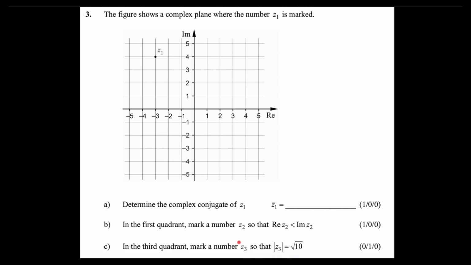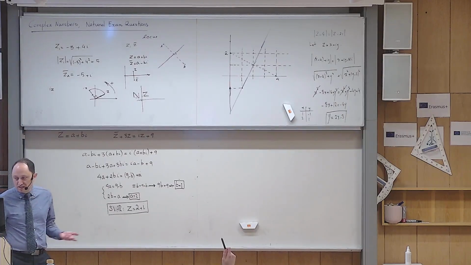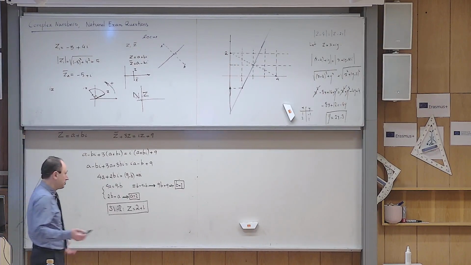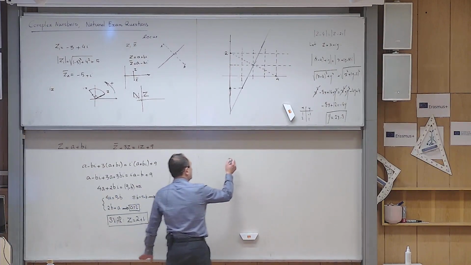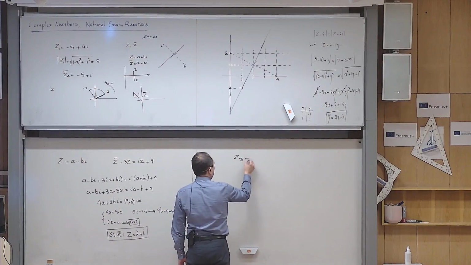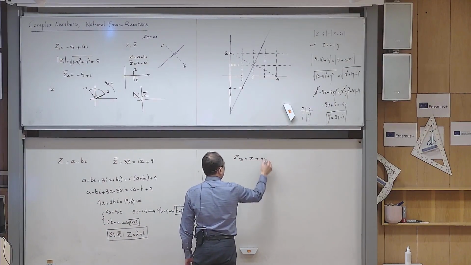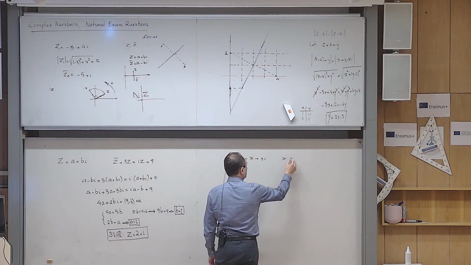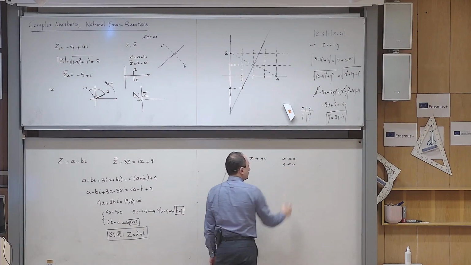So you need to mark something in the third quadrant so that the absolute value of Z3 is exactly square root of 10. So I don't know, you can guess, that guessing is enough, but if you want to have a solution, you can say that, okay, let us say that Z3 is x plus yi, because I want to have it in the third quadrant, so both of them should be negative.